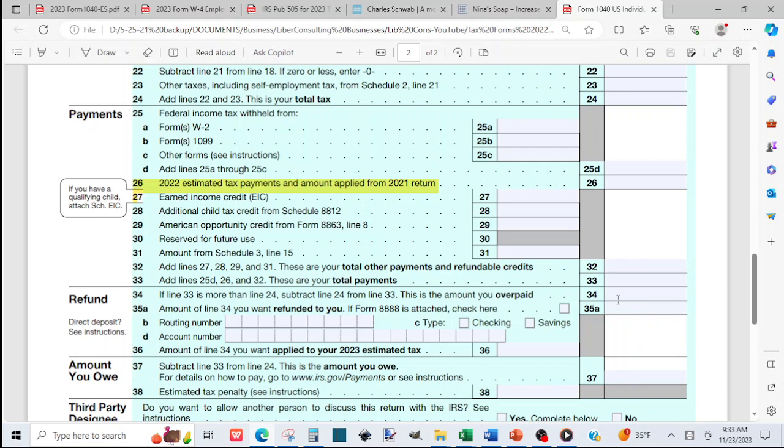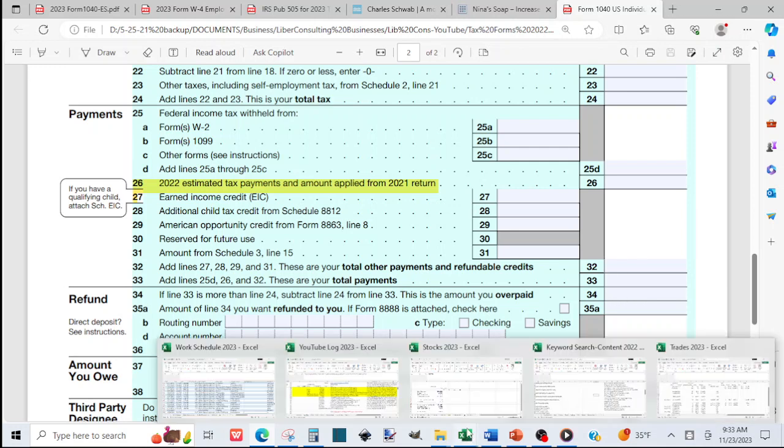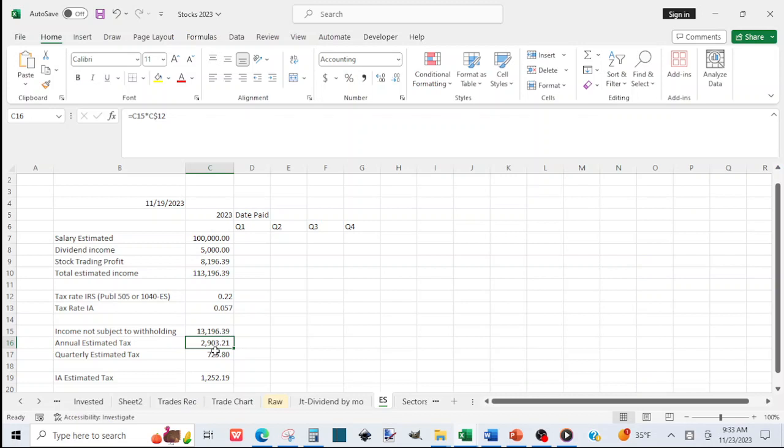If the tax refund is more than that $2,900 in this example, then you don't have to worry about making estimated tax. That means that your employer is withholding enough from your paycheck that is covering that estimated tax, and you don't need to make an estimated tax.